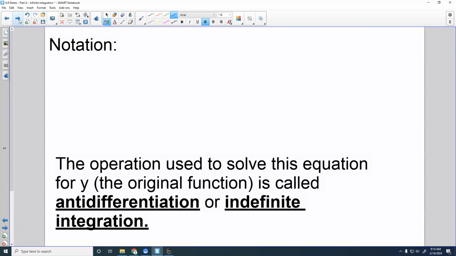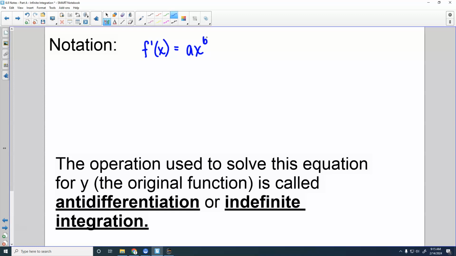So a little bit of notation that we need to look at here. We have certainly used f prime of x equals, let's just call it ax to the b power right there.